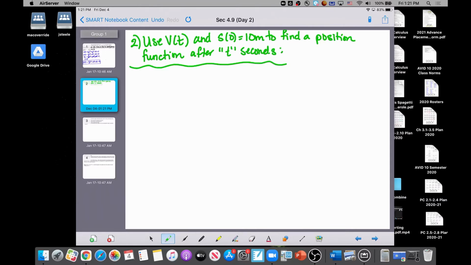Let's begin with what our v of t was again. Our v of t was negative 2/3 t cubed plus 2t squared plus 5t plus 3.